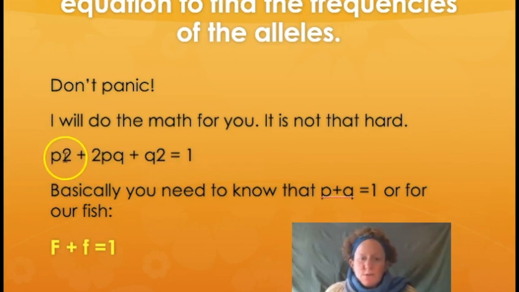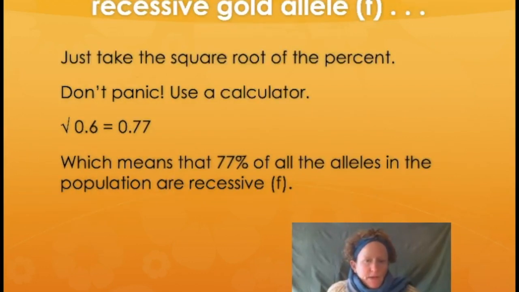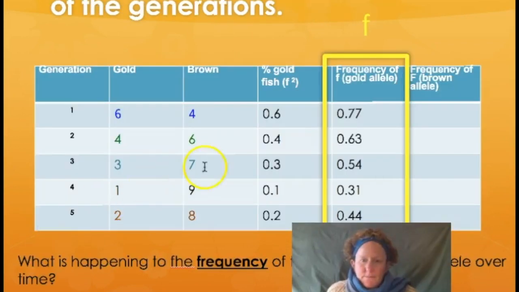So if we take the square root of this, we know the proportion, or the decimal version of percent, for this allele. So we know that 77% of all the alleles in the beginning were gold alleles. So I just took the square root of 0.6, I got 0.77.